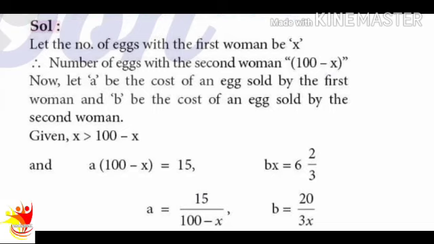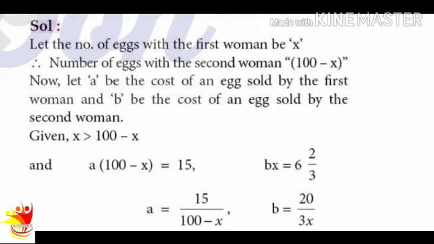Given x greater than 100 minus x, because one has more than the other. The first condition is a into 100 minus x equals 15. Here a is the cost of an egg for the first woman, and 100 minus x is the number of eggs with the second woman, which equals her earnings, rupees 15.